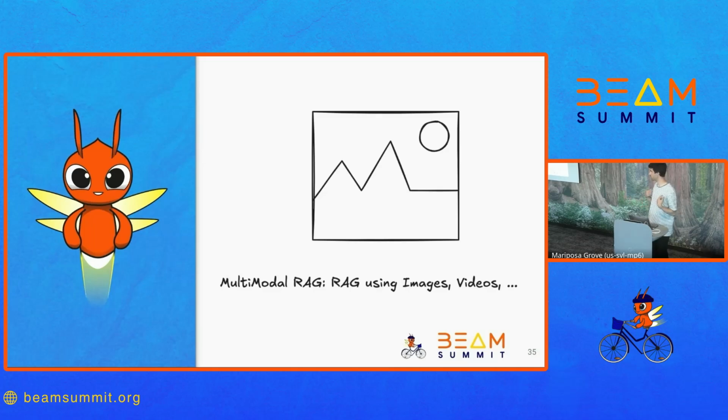I personally had some good success with extracting images from documents and then sending them to a multimodal model, asking it to describe what is on the image, giving it some context, and then embedding those descriptions as well. That way, we can still leverage our text-based approach in RAG, but we can have some multimodal aspects already baked in. Obviously, ideally, we have some kind of multimodal embeddings, but those are still not ready, I think, for a lot of use cases.